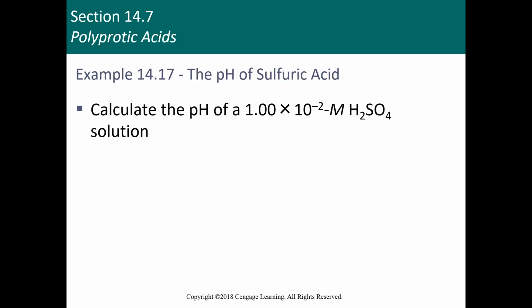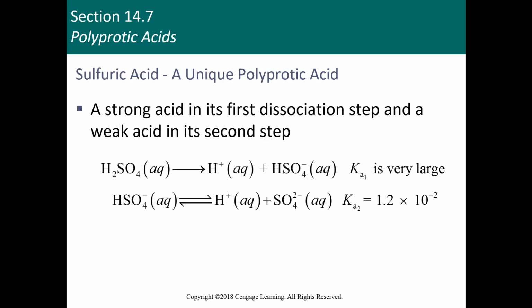And so, let's go ahead and calculate the pH of a 1 times 10 to the negative 2 molarity H2SO4 solution. You notice there's a reason I've done this 10 to the negative second molarity solution here. This number is pretty close to this one right here. And so we're going to have to start worrying about this second deprotonation now, aren't we?